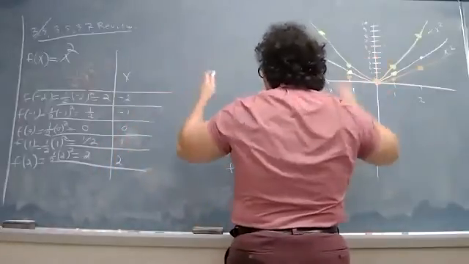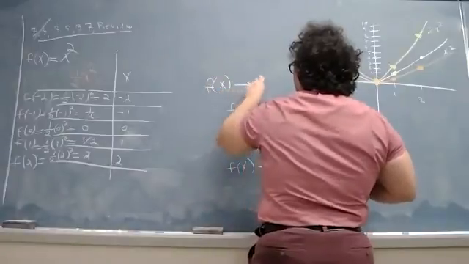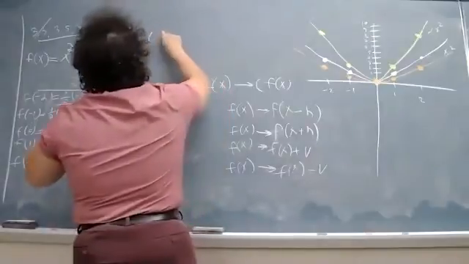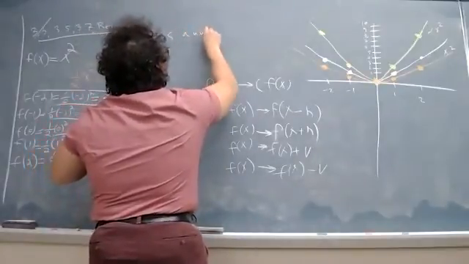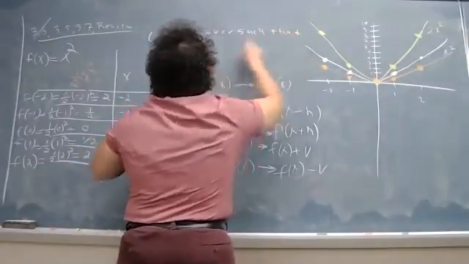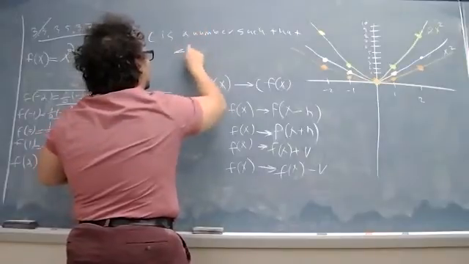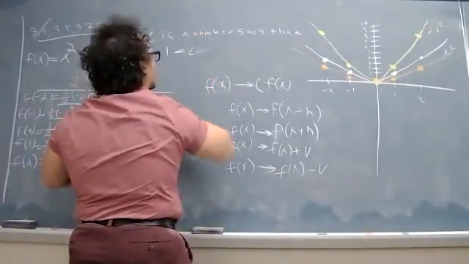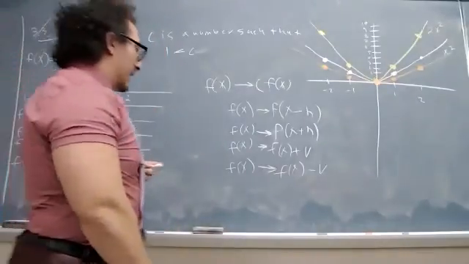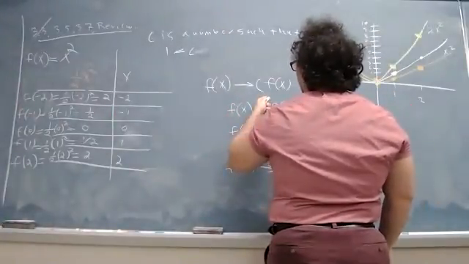if we got our f of x and we map it to some c f of x, where c is a number such that c is, let's say, greater than 1, then c f causes a contraction.